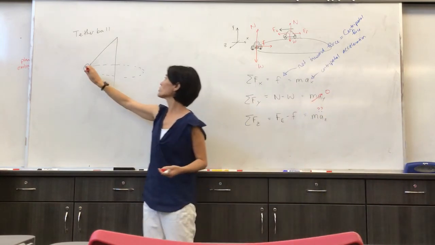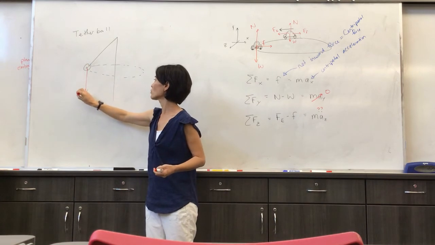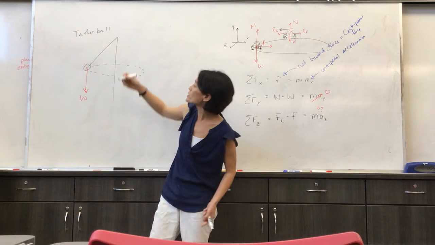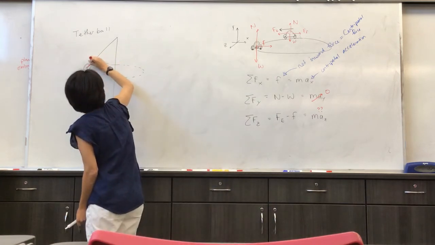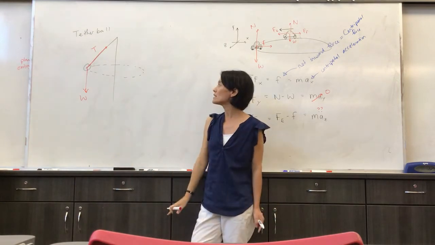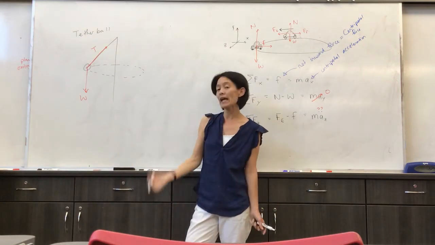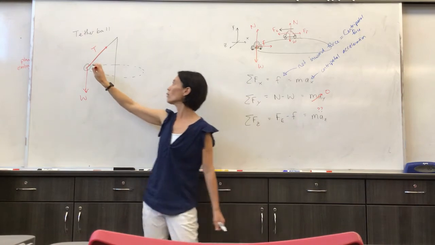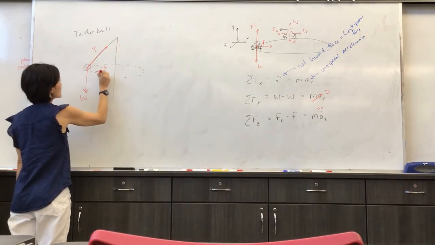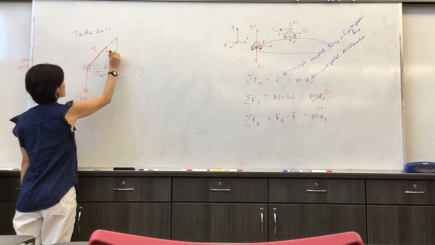It's here on the Earth, so it has this force of gravity, it has a weight value. There's a rope holding the tetherball, but it's at an angle. So there's my tension. And if my rope is at an angle, I would immediately know I've got to break this up into components. This would be a Tx, this would be a Ty.